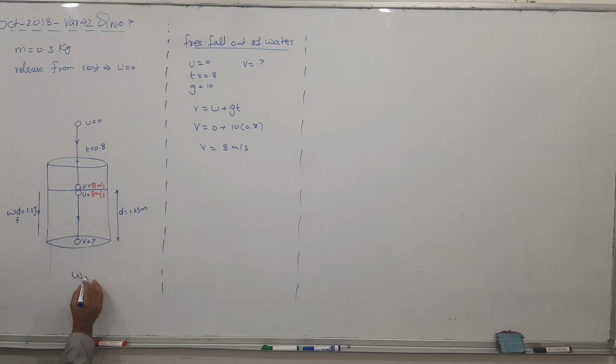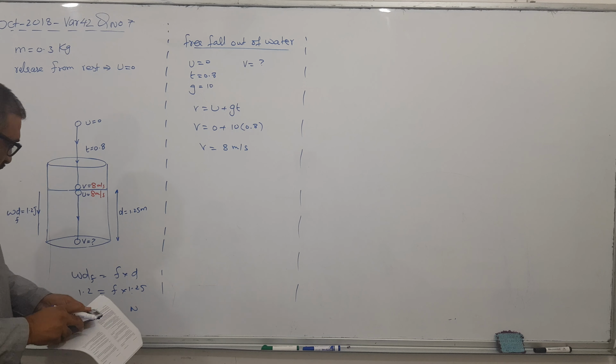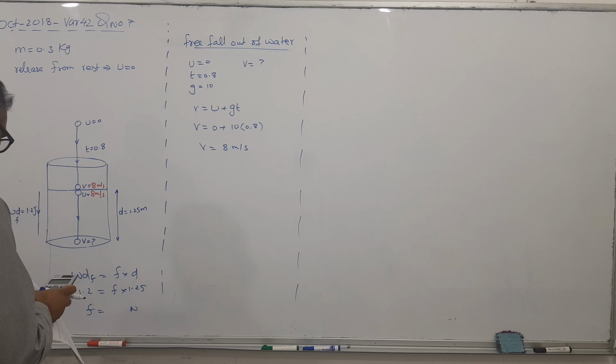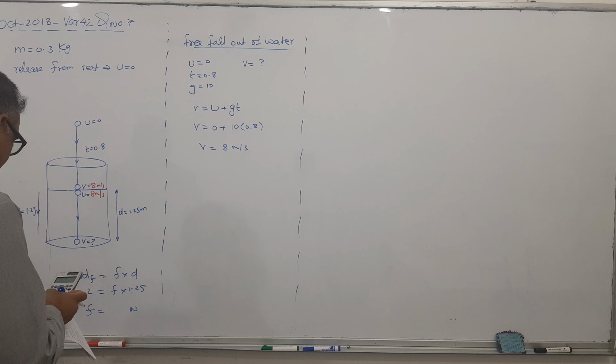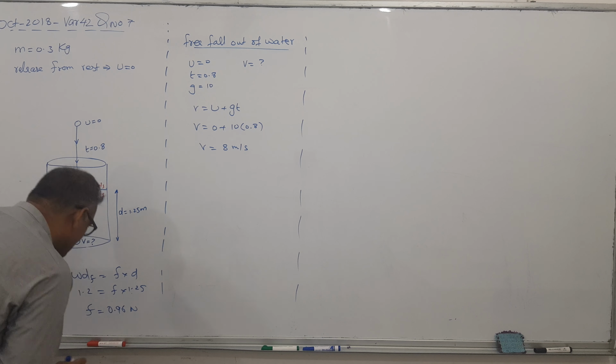Work done by friction force is equal to F into d. So I get the friction force from here: 1.2 divided by 1.25 comes to 0.96 newtons.